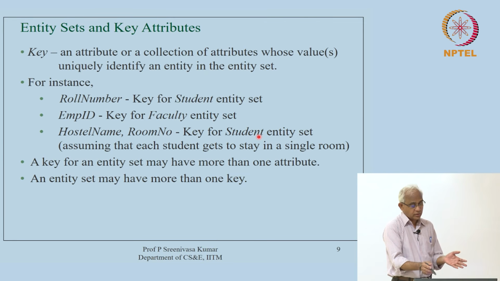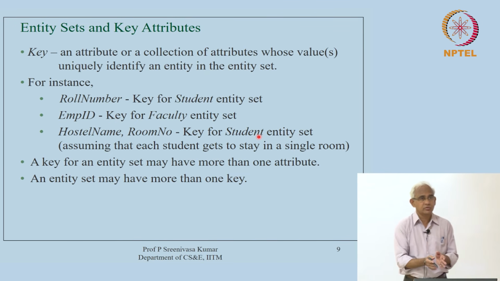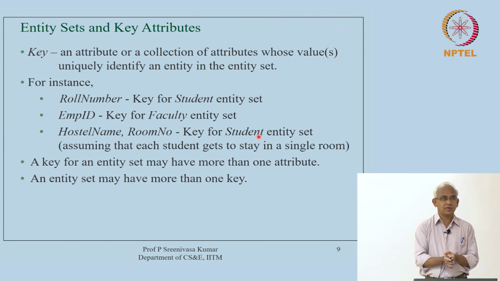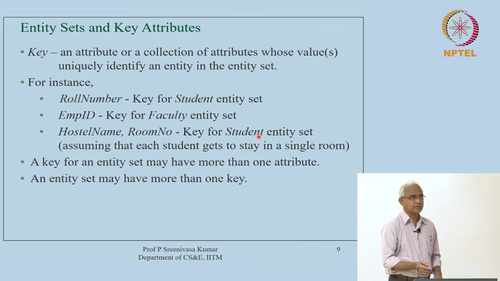For a faculty member who is an employee, employee ID is a key, and there are certain global attributes, for example, the PAN number, the permanent account number for taxpayers. We all have a PAN number. So, you can uniquely identify the faculty by his PAN number also.